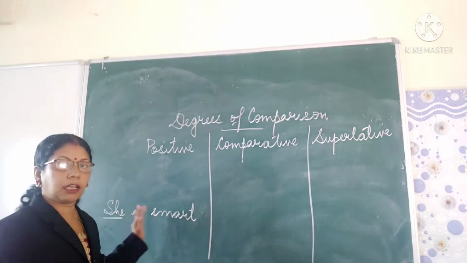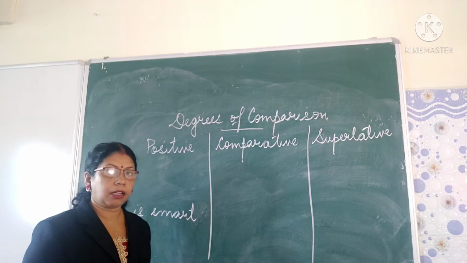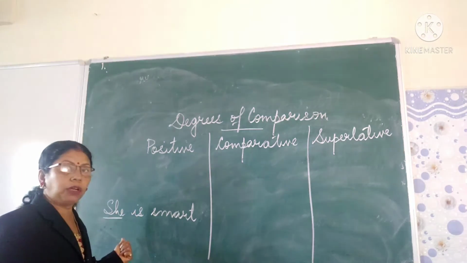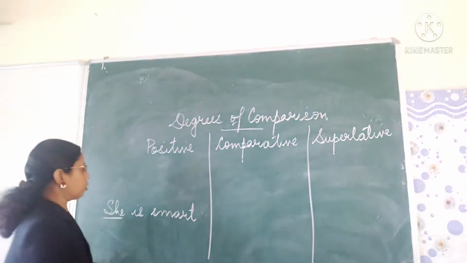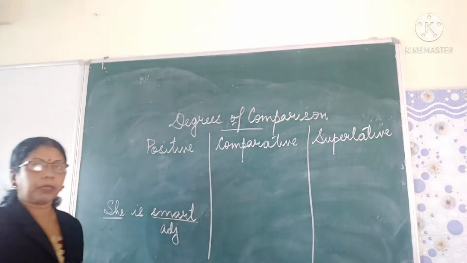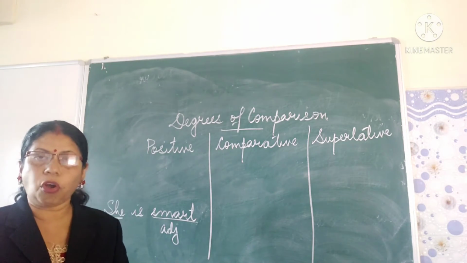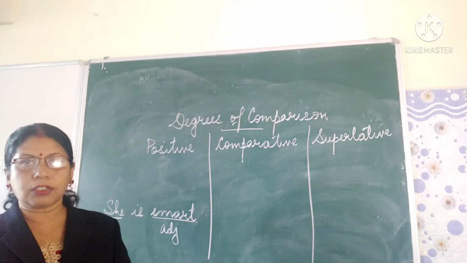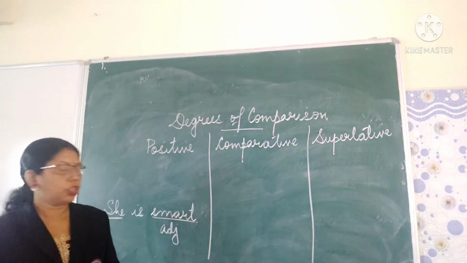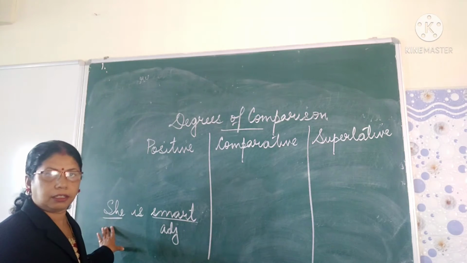How is she? She is smart. Since the quality of a pronoun has been given, smart is my adjective. If a word qualifies a noun or a pronoun, that is known as an adjective, as we had studied. So smart is the quality of this girl.